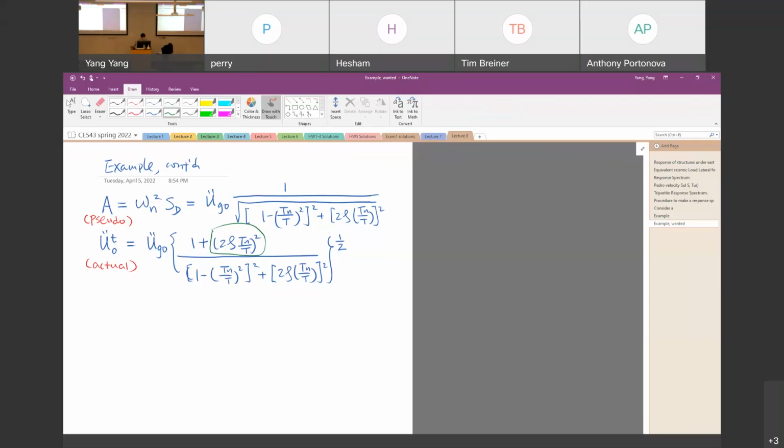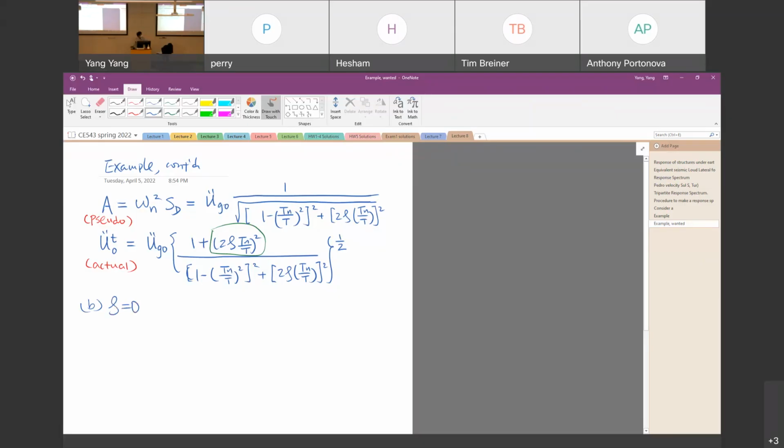But let's go to part B. We are done with part A. We have already expressed the pseudo and the actual acceleration amplitude in terms of the ratio of the periods here. The next step we will discuss the case where zeta equals 0.